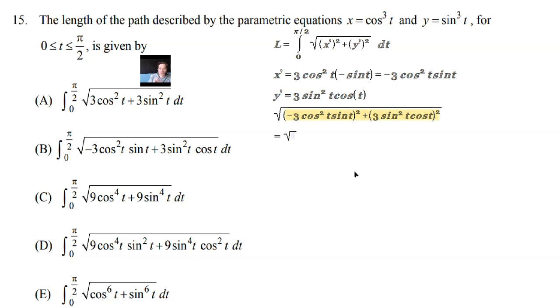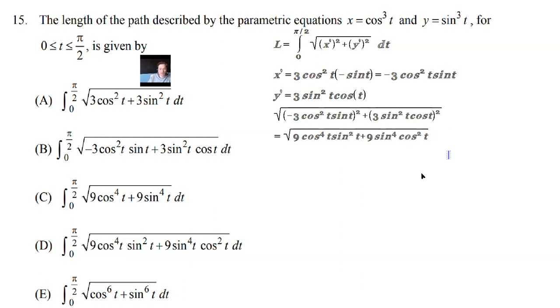So it becomes negative 3 squared, which is 9. Cosine squared becomes cosine to the 4th t, and sine squared becomes just sine squared, plus the same thing for the other one: 3 squared gives you a 9, sine squared becomes sine to the 4th, and cosine squared becomes just cosine squared of t.